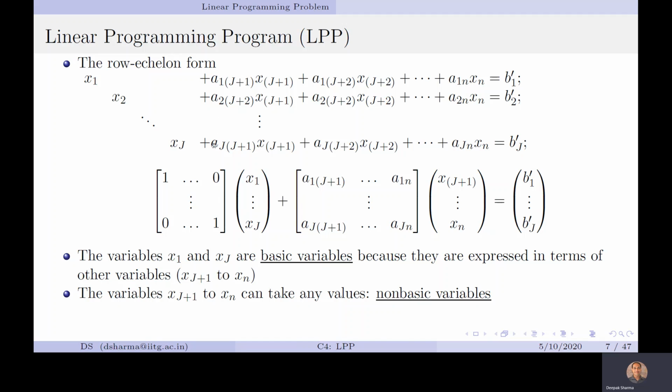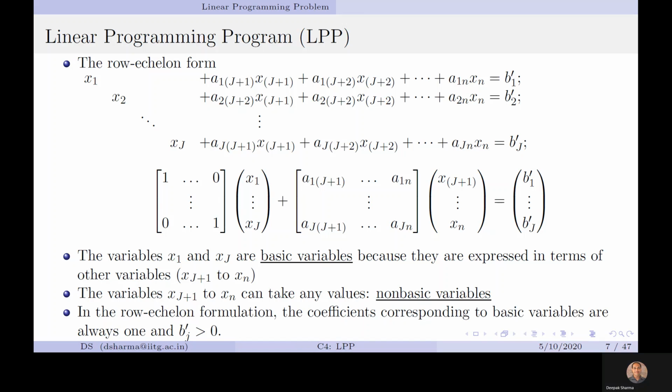And the other variables, from xj plus 1 to xn, are independent variables because they can take any value. Therefore, at the bottom, you can see the variables from xj plus 1 to xn can take any value because they are independent variables. So these are called non-basic variables. We will be talking most of the time about basic and non-basic variables.